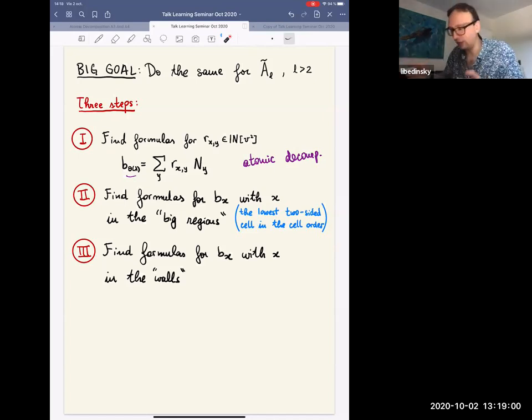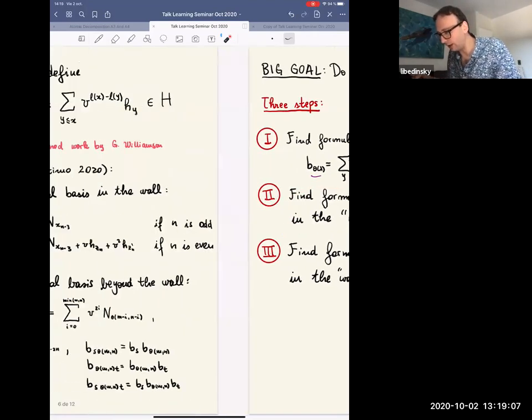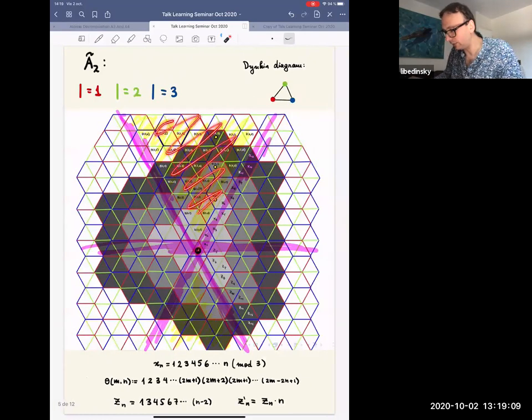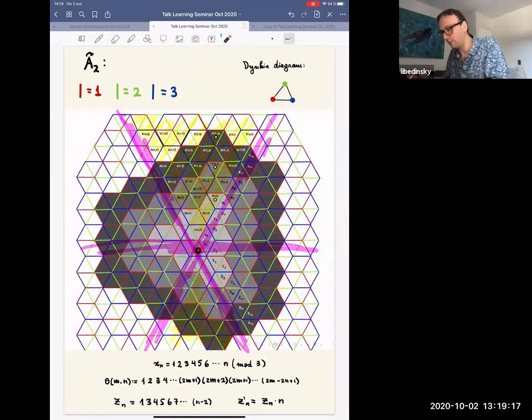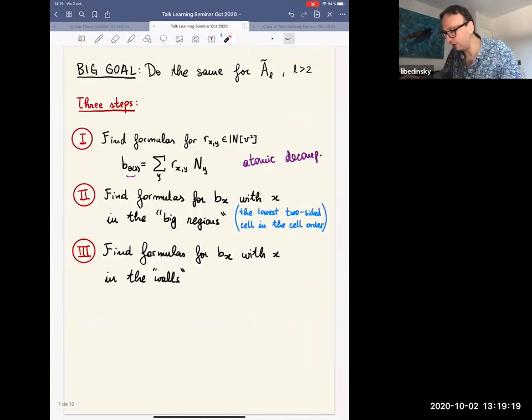Then the second big step is to find formulas for Bx in the big regions. So the big regions here are these things that I showed here. Essentially everything that is not in the walls. You can define them as the lowest two-sided cell in the cell order, so the two-sided cell that has the biggest A function, or the two-sided cell that contains W0.